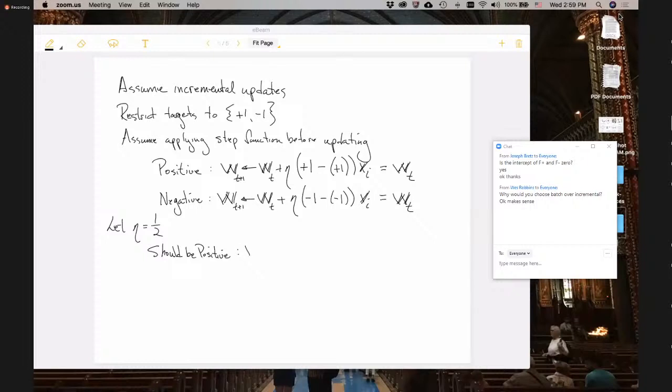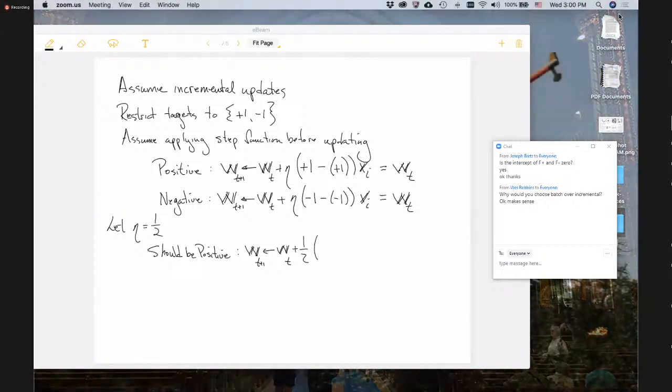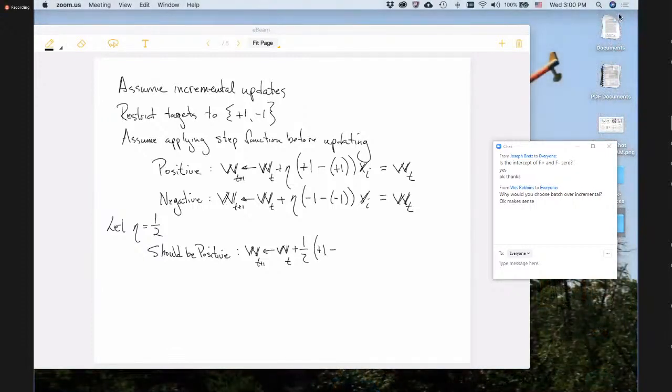So for this, again, applying the gradient descent rule, and notice here we changed it from a +1 to a -1 because it was incorrect.